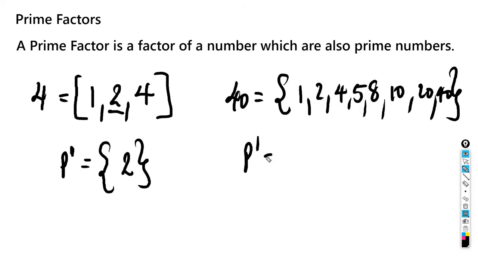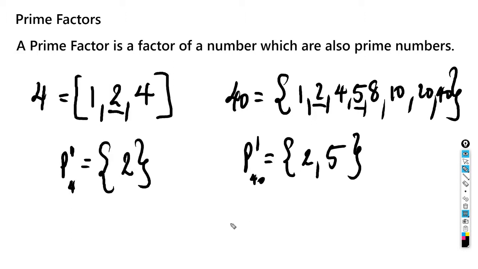So P prime for 4, not for 40, would be 2. The prime factors for 40 would be 2 and 5. These are the 2 prime numbers, and there are no other prime numbers that are factors of 40.